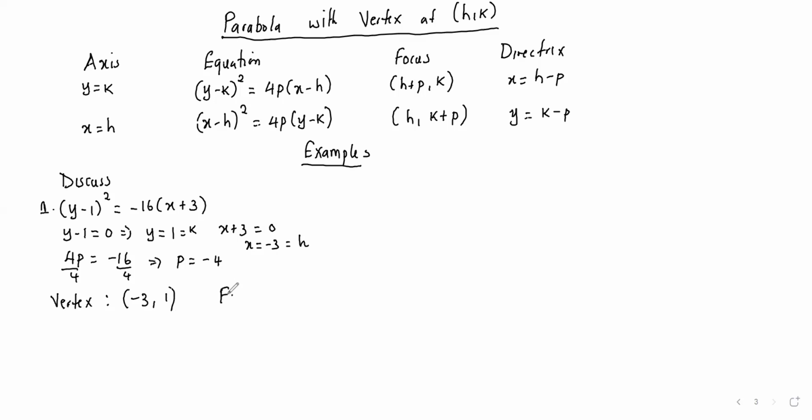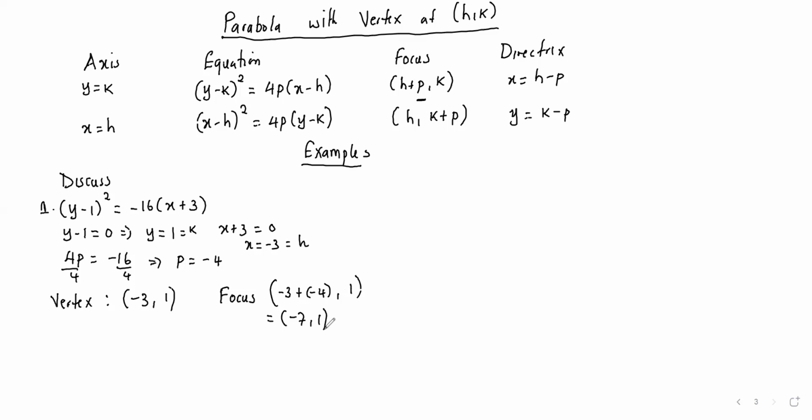And then the formula for the focus is here. So we're dealing with h plus p. Now what is h? h is negative 3 plus p. p is negative 4, comma 1. Okay. So this is simplified as negative 7, comma 1.